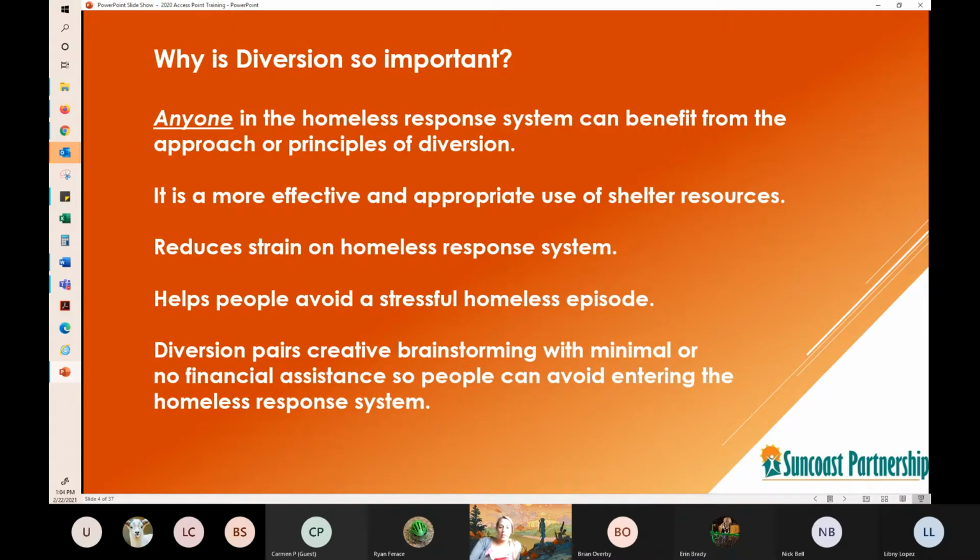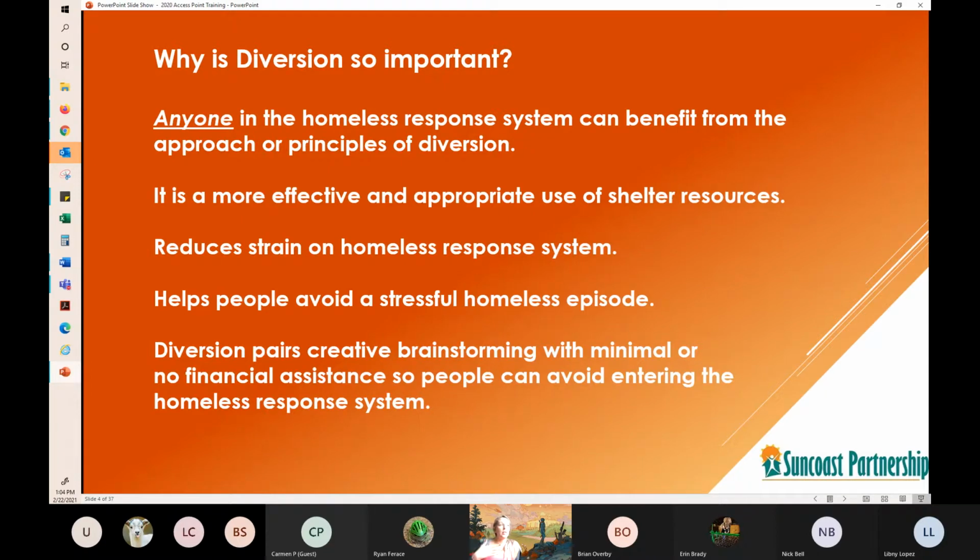I don't provide direct client services, but when we have clients call and I get the chance to speak with them, I'm always asking those questions. Where did you stay last night? How long have you been in this location? And are you safe staying there?